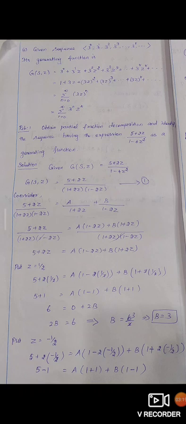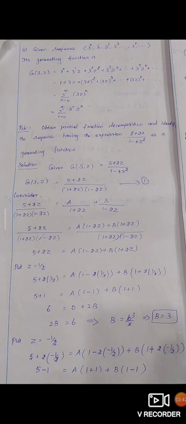Next problem, obtain partial fraction decomposition and identify the sequence having the expression (5 + 2z) divided by (1 - 4z^2) as a generating function. Solution. First you write the generating function g(s, z) = (5 + 2z) divided by (1 - 4z^2).